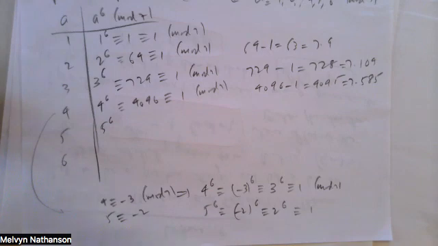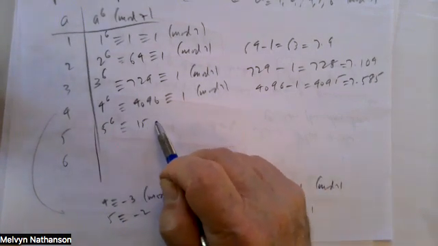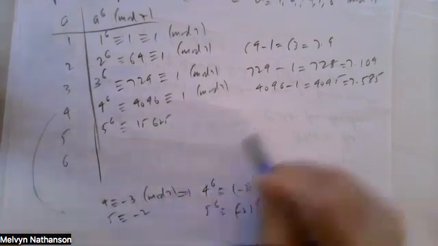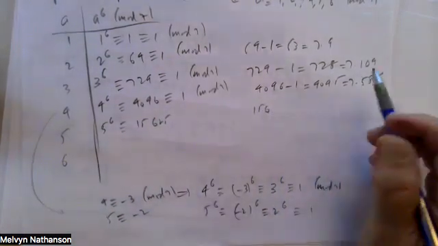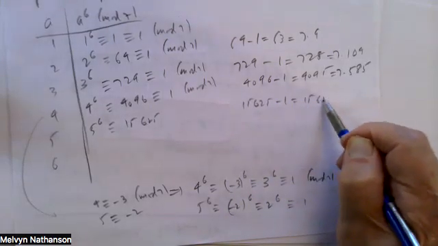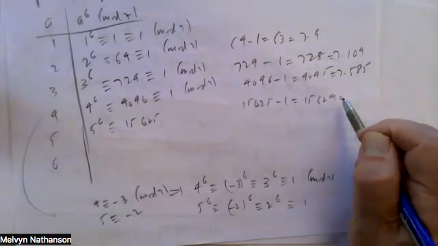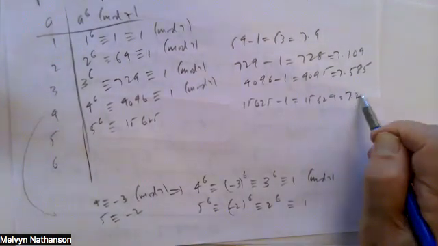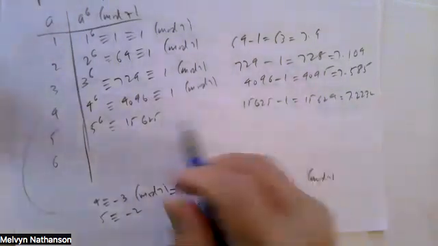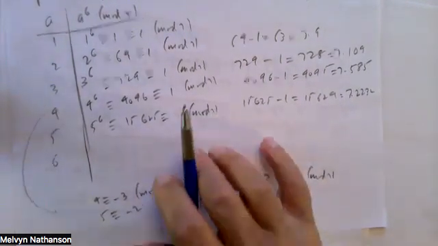If I raise 5 to the power 6, that's 15,625. 15,625 minus 1 is 15,624. If I divide that by 7, that goes exactly 2,232 times. So this is congruent to 1 mod 7.